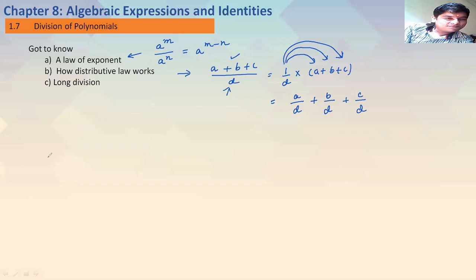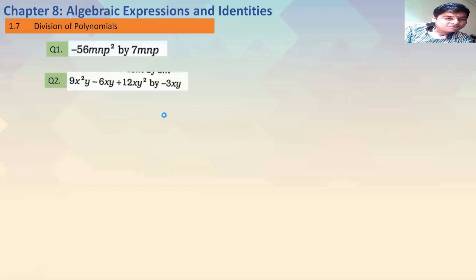So let's go into a few questions. Let's solve them. First one. Come on, what are you going to give as an answer to this? The question is negative 56 MNP square by 7 MNP.